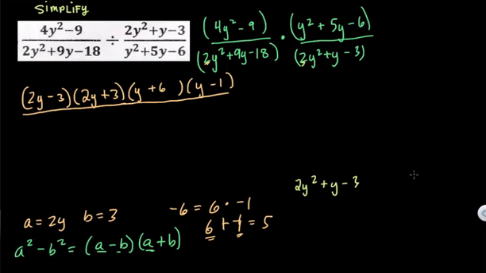Again, we're looking at factors of negative 3 that add up to 1. If we have 3 times 1, 1 times 3, negative 1 times 3, and so forth, what's going to happen? Well, if I have 3 times negative 1, that equals negative 3, and if we add 3 plus negative 1, we get 2.